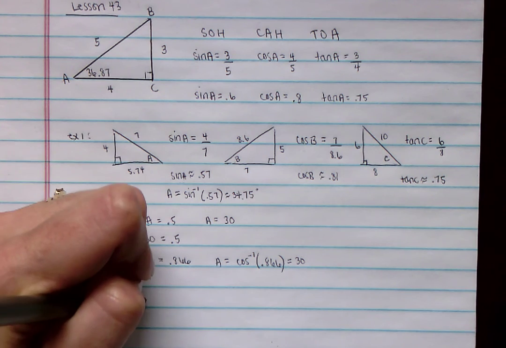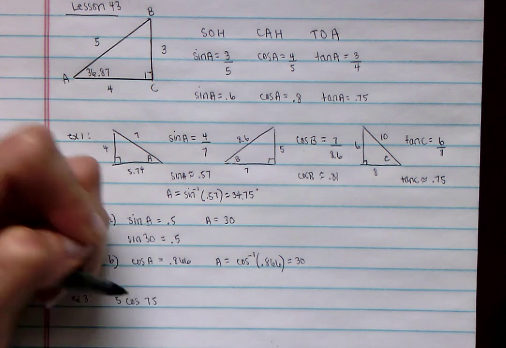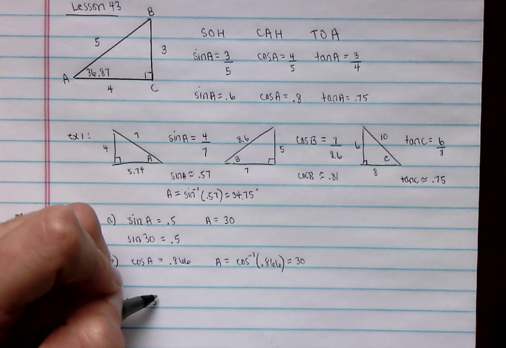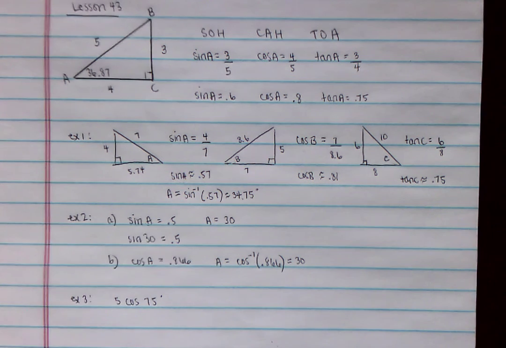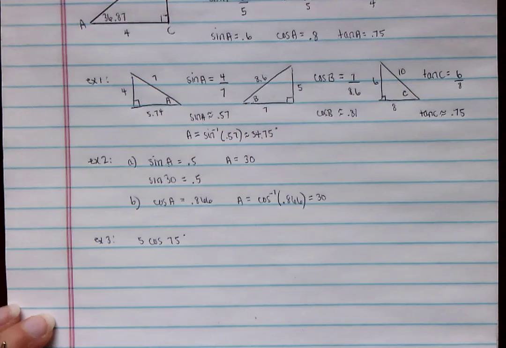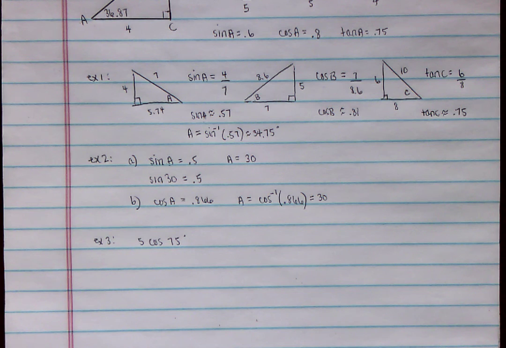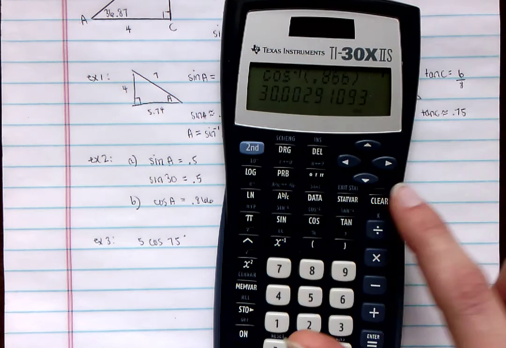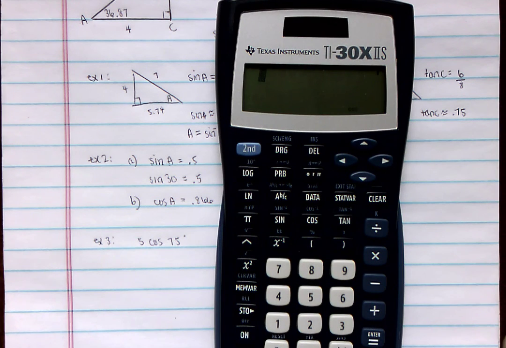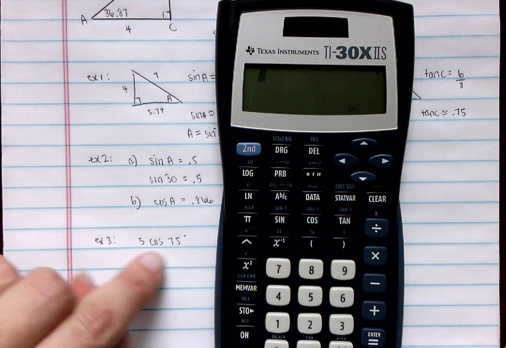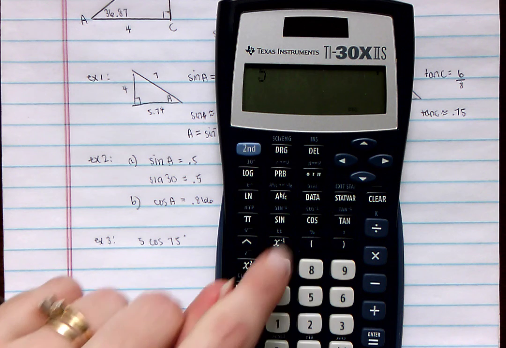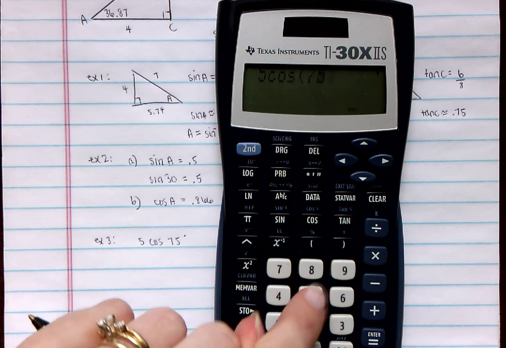So let's just say they give you 5 cosine 75 and they say evaluate it. I'm going to press clear, and then put it in just like it appears: 5, and then cosine 75.